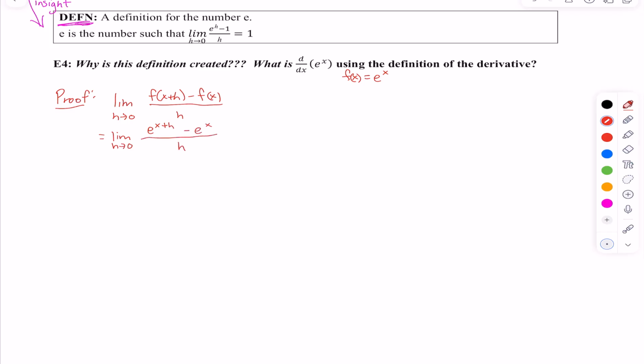Now you do need to master your rules of exponents. You master the rules of exponents, you have a chance of understanding calculus. Notice the numerator has a common factor of e to the x. And so I'm going to factor out an e to the x there and see what is left.